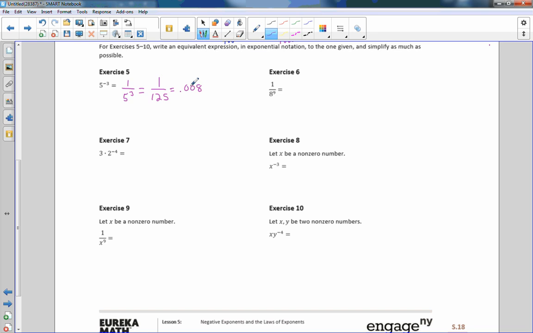Okay, now if I went to expand it, they didn't ask for it, but I'm just giving you another example of that expanded form, then I'd say this is 8 times 10 to the negative 3. Okay, so look at what happened here. 5 to the negative 3 is equivalent to 8 times 10 to the negative 3, and I can verify that with my calculator.